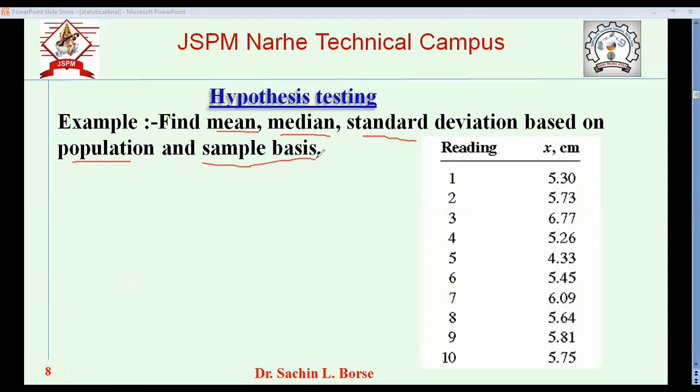So you can start calculating. First is the mean. In the mean, you have to add all the numbers like 5.3, 5.73, and then divide by the number of readings. How many readings are there? 10 readings. So you find the x mean.